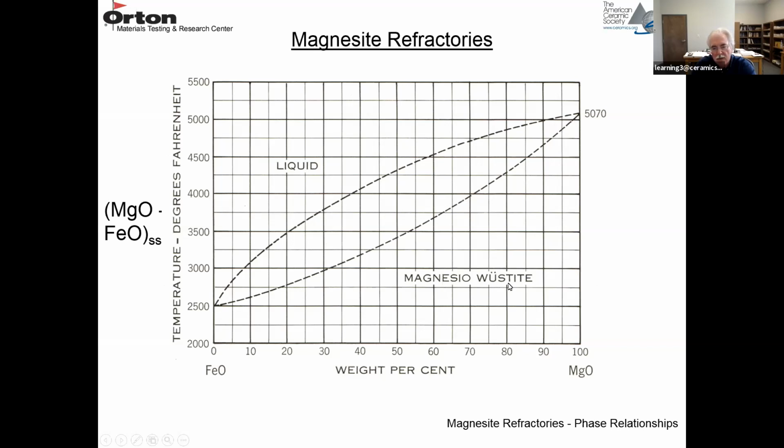It's all magnesiowüstite. Above the top dotted line, everything is liquid. In between, you have a combination of magnesiowüstite and liquid. But as you see here, even adding 10% FeO, you're still at a very high temperature. So you can tolerate quite a bit of FeO substitution into MgO and still have a high temperature material.